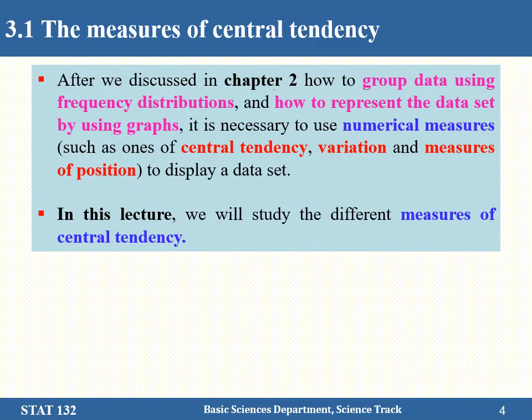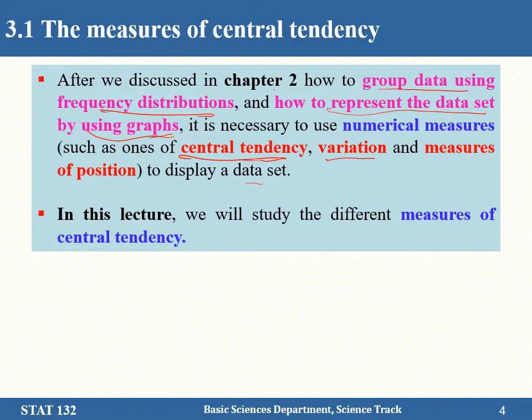In chapter 2, we discussed how to group the data using the frequency distributions, and we learned how to present the data by using the graphs. And now also we have to look at some other things as the central tendency of the data and variation of the data and the measures of position to display a set.